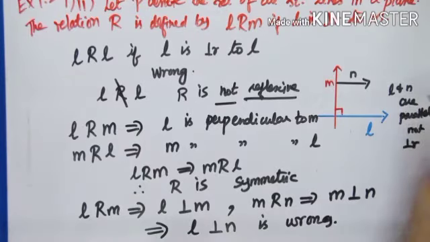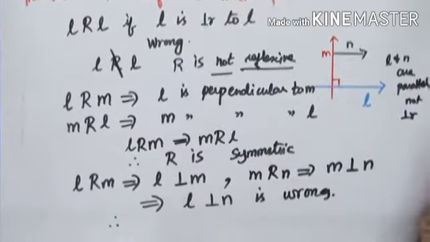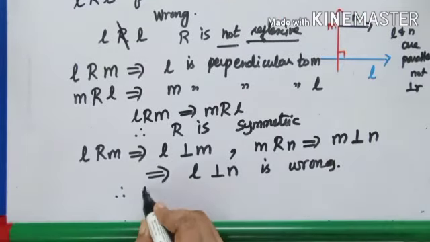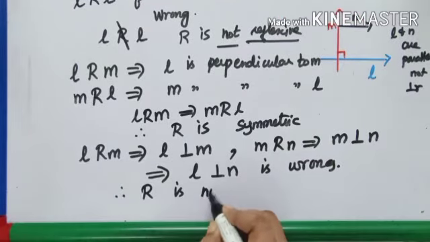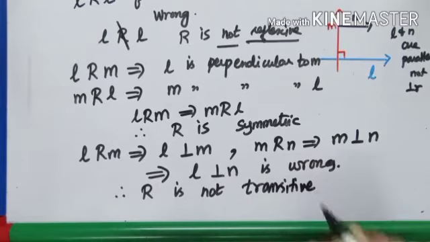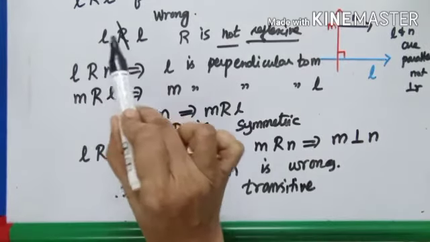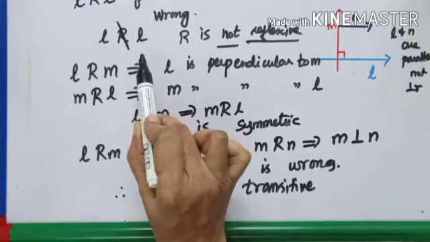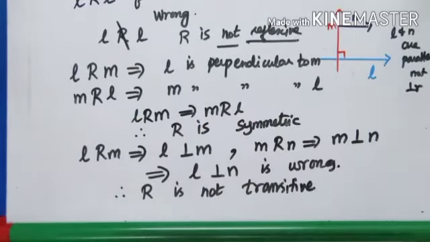Since L and N are parallel, therefore I will declare the given relation is not transitive. So is perpendicular to is the relation here. I can say the given line is not perpendicular to itself, not reflexive.